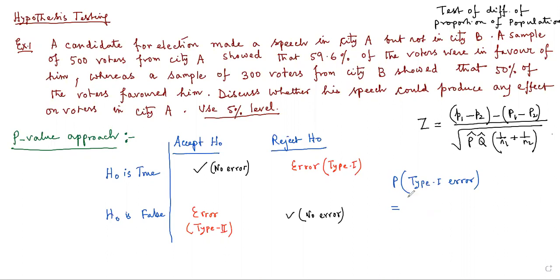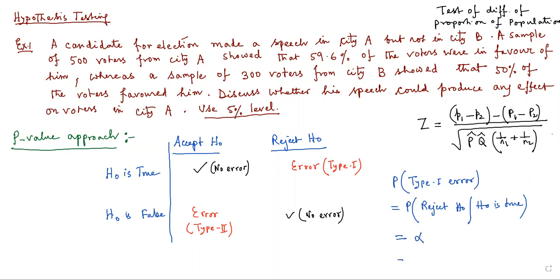So this probability of type 1 error basically means the probability of rejection of the null hypothesis H0, given that H0 is true. This probability we need to calculate, and we often denote it by the symbol alpha.